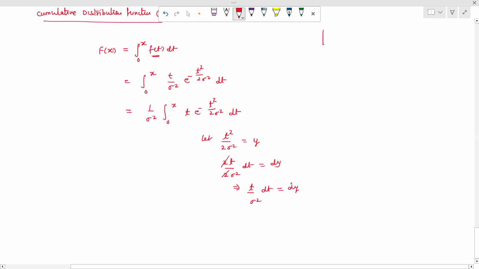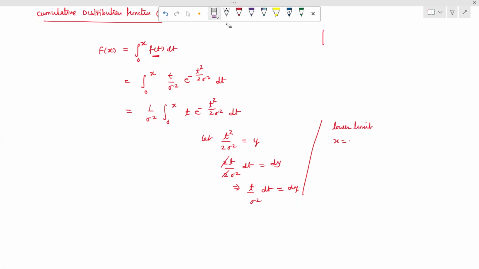So now we talk about the limits. First we write down the lower limit. When x, sorry, t is equal to 0, we take the limit for t, so t is equal to 0.